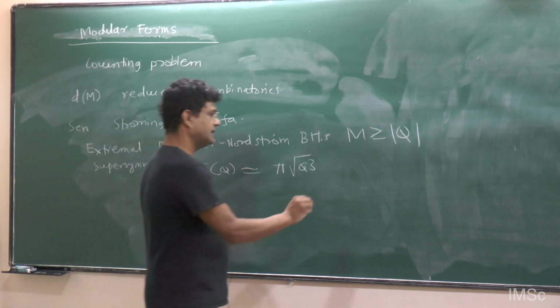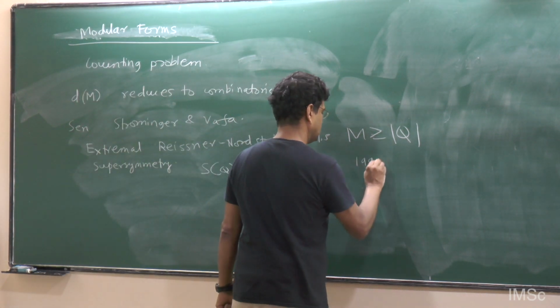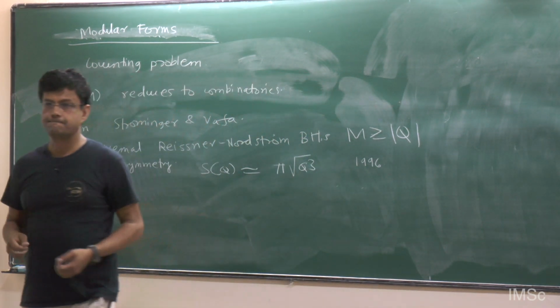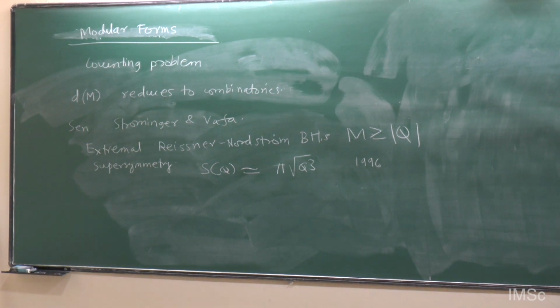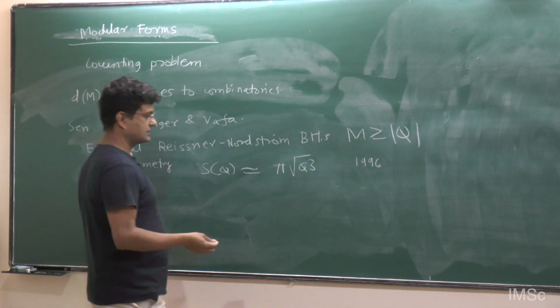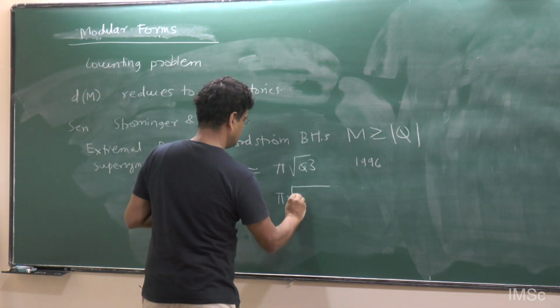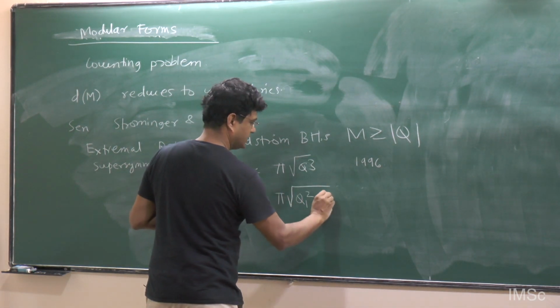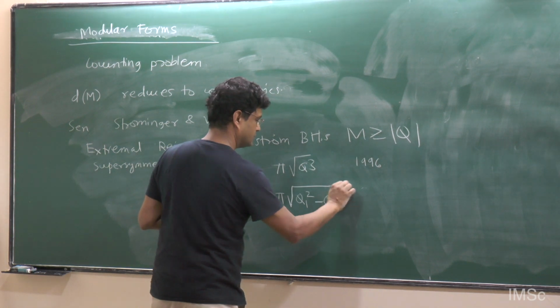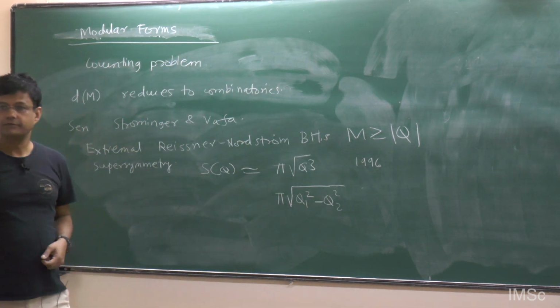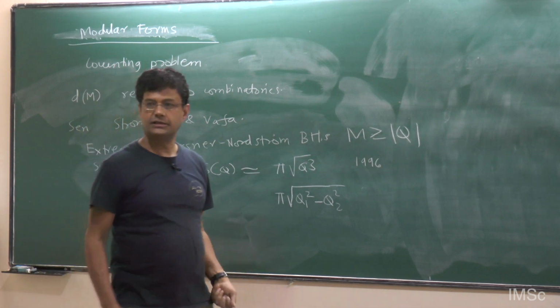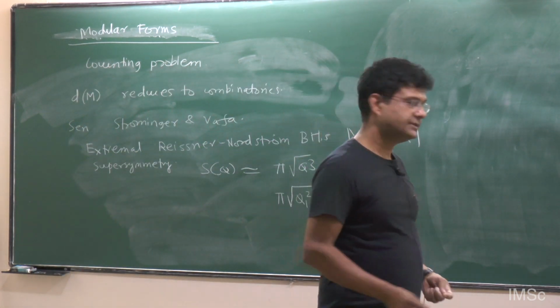This was already back in 1996. And for some of the black holes that Ashoke considered, there are two types of charge, and the entropy goes as Q1 squared minus Q2 squared. So there are very explicit formulas that you can calculate for this entropy.